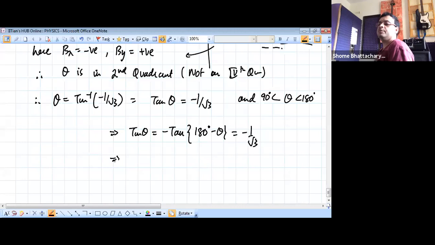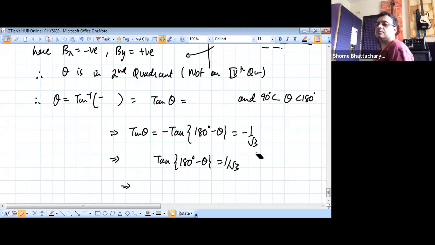So that means tan of 180 minus theta is 1 by root 3. Oh sorry, it was the other way round. It was root 3, because the y component was root 3 and the x component was minus 1. So you just make a correction here.